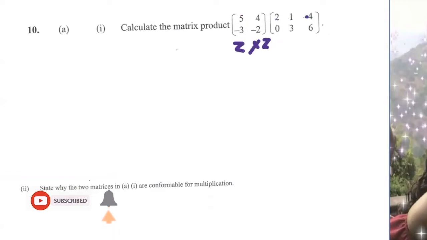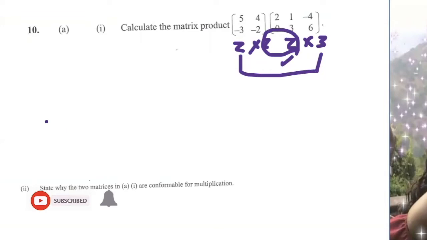The next has 2 rows and 3 columns, so it's a 2 by 3. Once the column count of the first and the row count of the second are the same, we say it's defined, and the outer numbers give me the order of the product of the two matrices. So I'm expecting a 2 by 3 matrix.